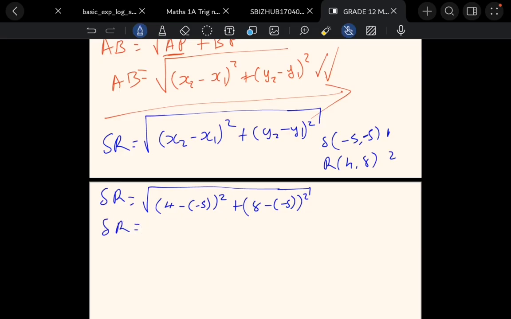Then calculate the distance, which is going to be, if you are going to use a calculator, 4 plus 5 squared plus 8 minus 5 squared.